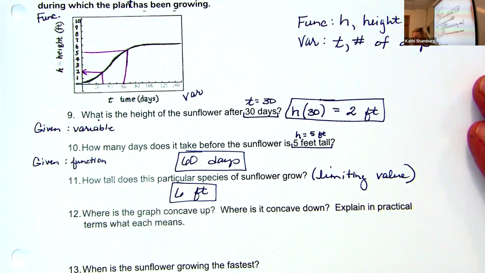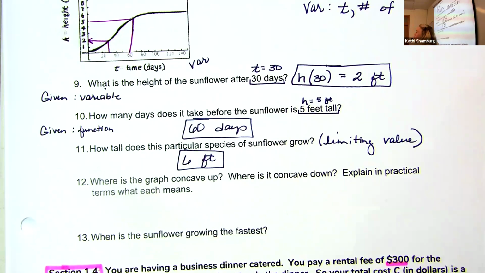Okay, where is the graph concave up? Where is it concave down? Explain in practical terms what that means. Okay, so concavity. We can have concave up and concave down. Where does it switch from concave up to concave down? What is that called? Inflection point, right? And that concavity changes.